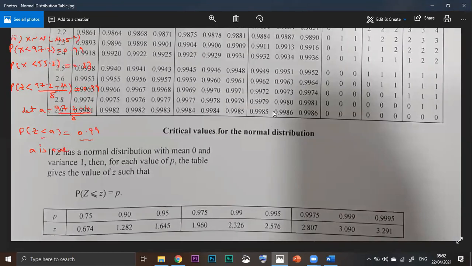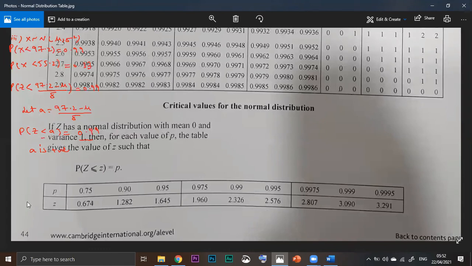Now, at the bottom of the table, you can see that the values of z in the second row and the area in the first row are written, which are more commonly used. Here p is the area and z is the value of z. Now here we have 0.99, and opposite to 0.99 the value of z is 2.326.